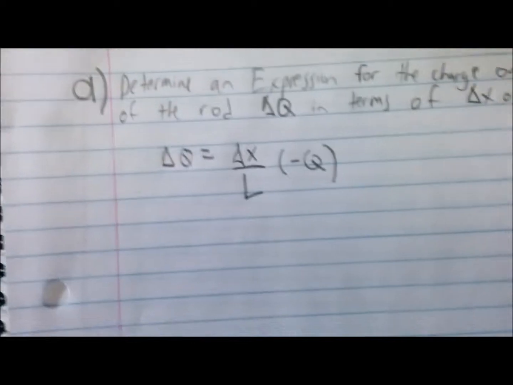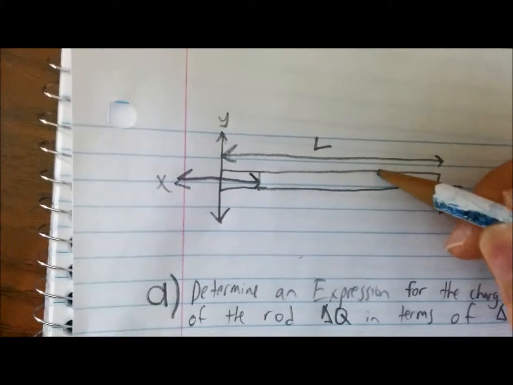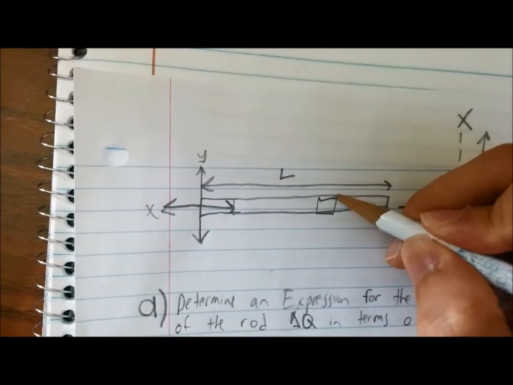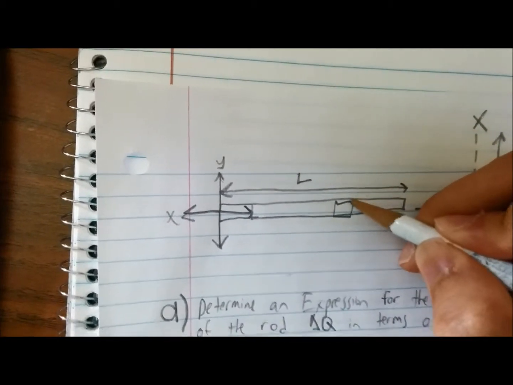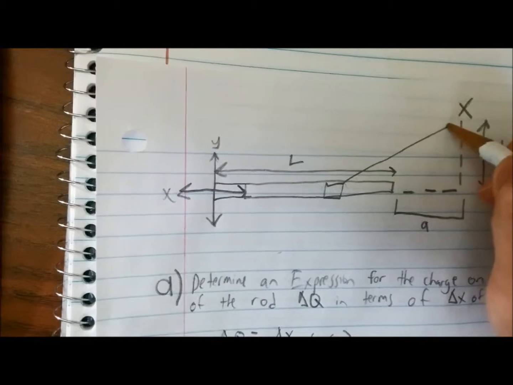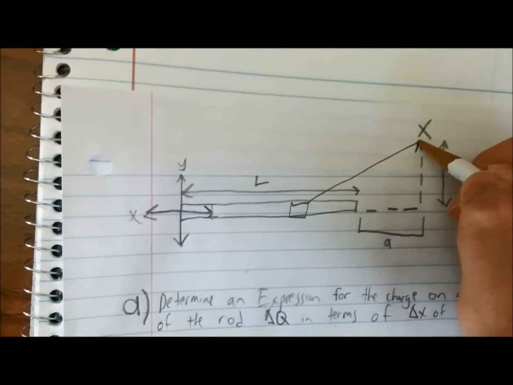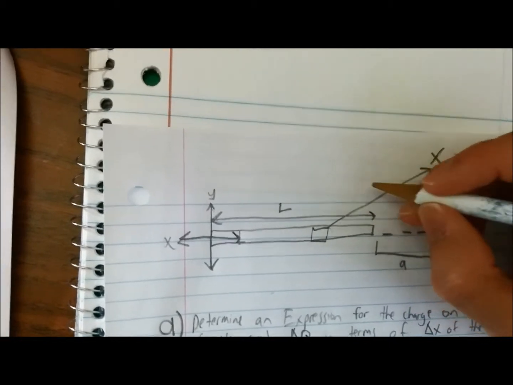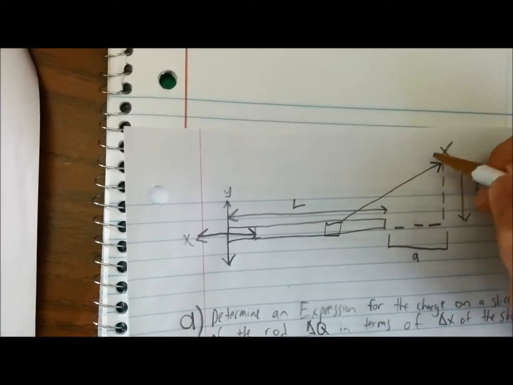I've drawn a sketch here, and let's say here's some arbitrary point, and then all it is is a vector pointing to the observation location, and that's R observation minus R source right here.